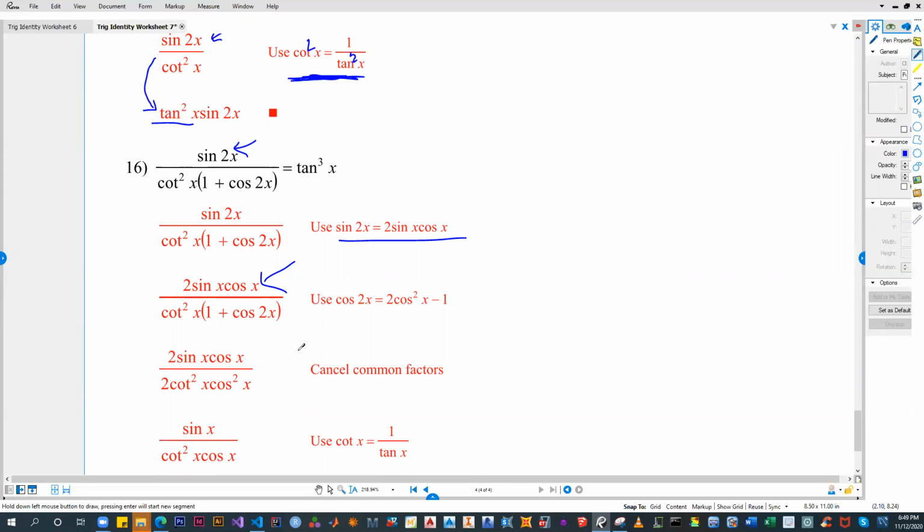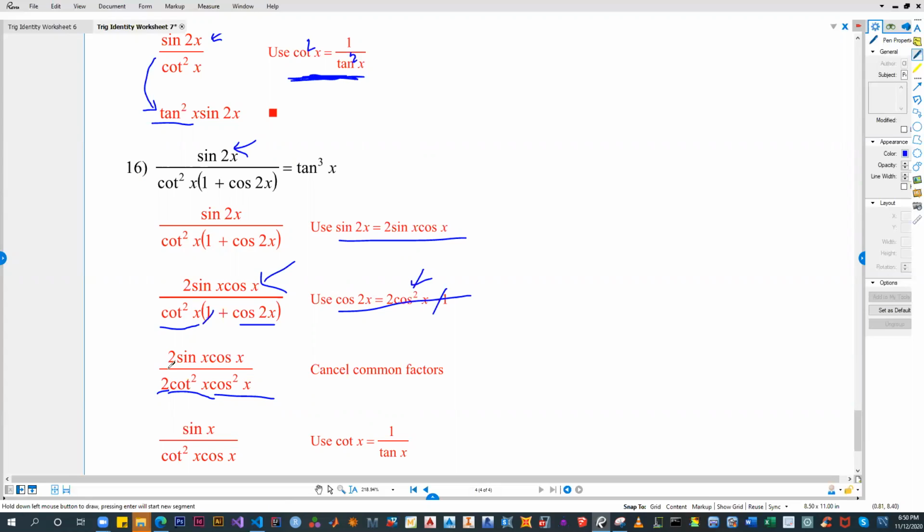2 cosine squared. Okay, yeah. So when you substitute that, the 1 cancels out, so you only have this 2 cosine squared x, which you just times by this. This is the reason how they got this. And let's look at what you're supposed to do. You're supposed to get a tan cubed x.